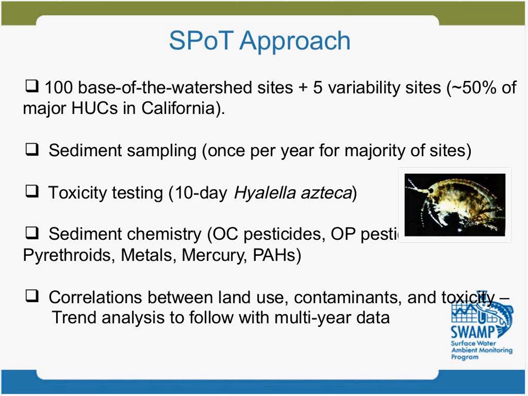And then we're doing sediment chemistry, which includes organochlorine pesticides, organophosphate pesticides, pyrethroids, metals, mercury, and PAHs at the urban stations. And with this information, we're doing correlations between land use, contamination, and toxicity. And then as time goes on, as we develop multi-year data sets, we'll be able to look at trend analysis over time to see how land use patterns change and how that affects contamination and toxicity.